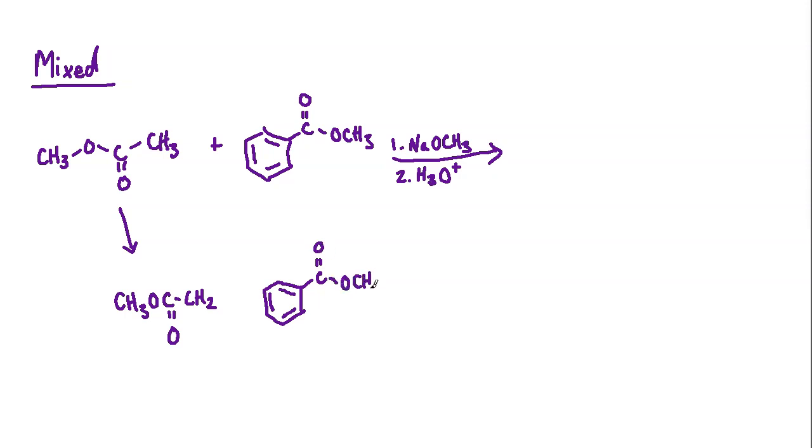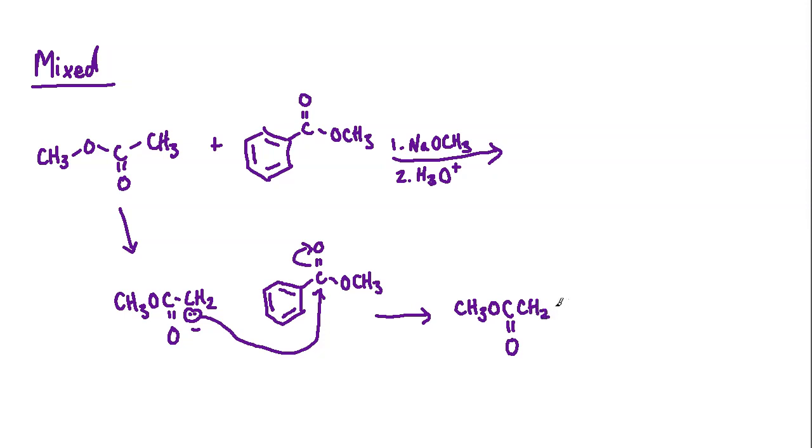And so we've got OCH3, and this enolate right here is going to come in, attack this carbonyl, and that carbonyl will open up. So what I end up with is, from left to right, the CH3O, C double bond O, CH2.